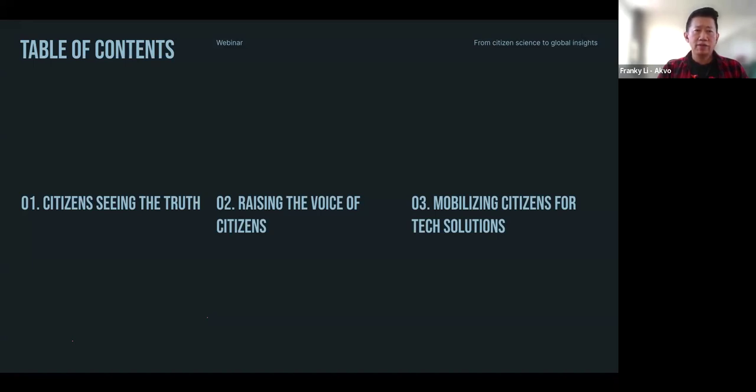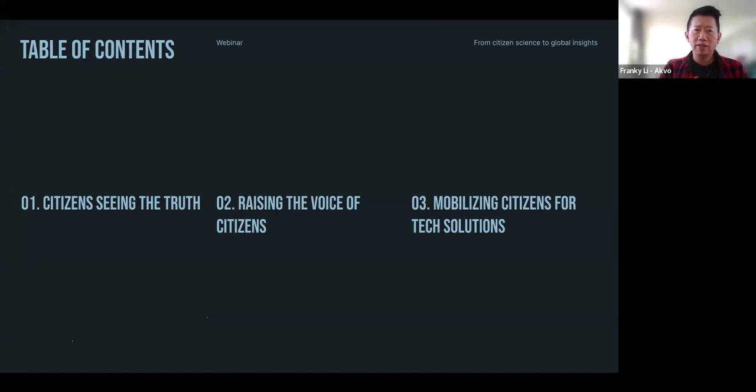And for this portion of the presentation, we'll be talking about three areas in which data and tech is supporting citizen science. The first area would be involved in helping citizens with data collection. The second one will be helping in terms of improving communication with citizens to be able to allow citizens to provide feedback and also in connecting citizens together.